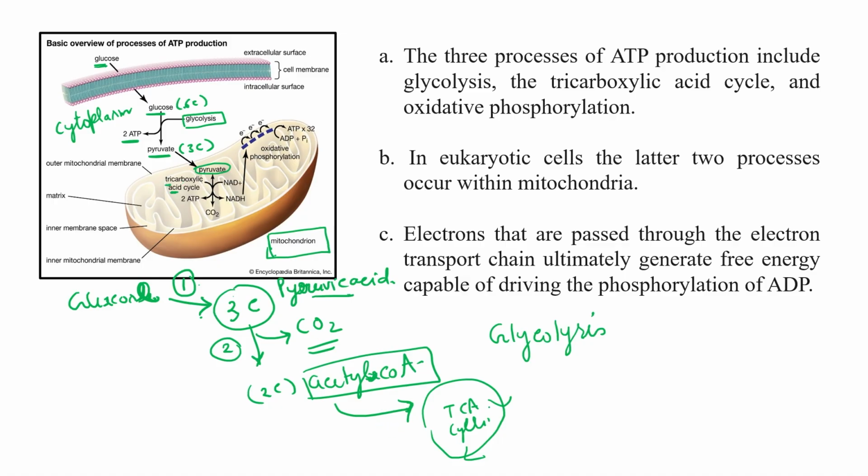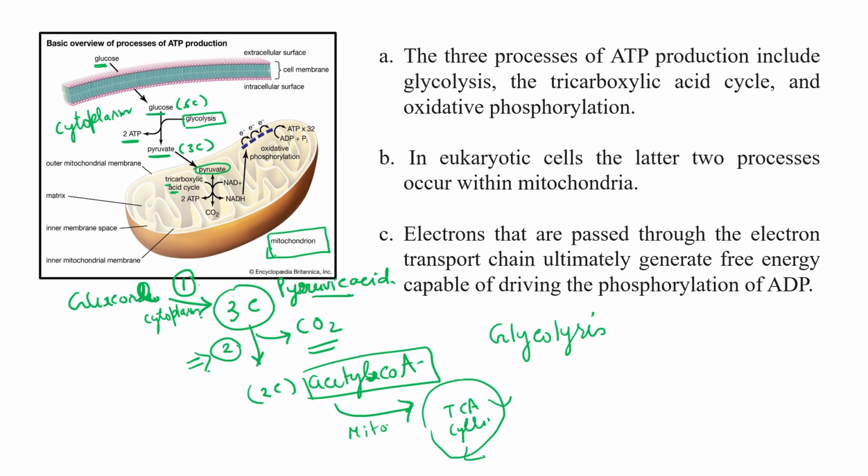This is the main cycle which continuously follows its steps inside the mitochondrial matrix, right? This occurs in mitochondria and glycolysis occurs in cytoplasm. That's why this process is known as the link reaction, because it acts as a link between two main cycles, right?